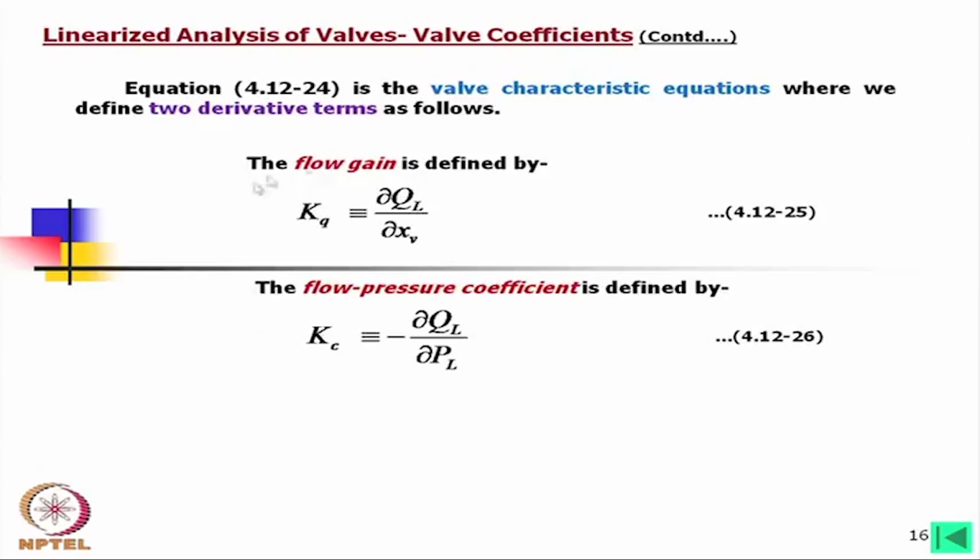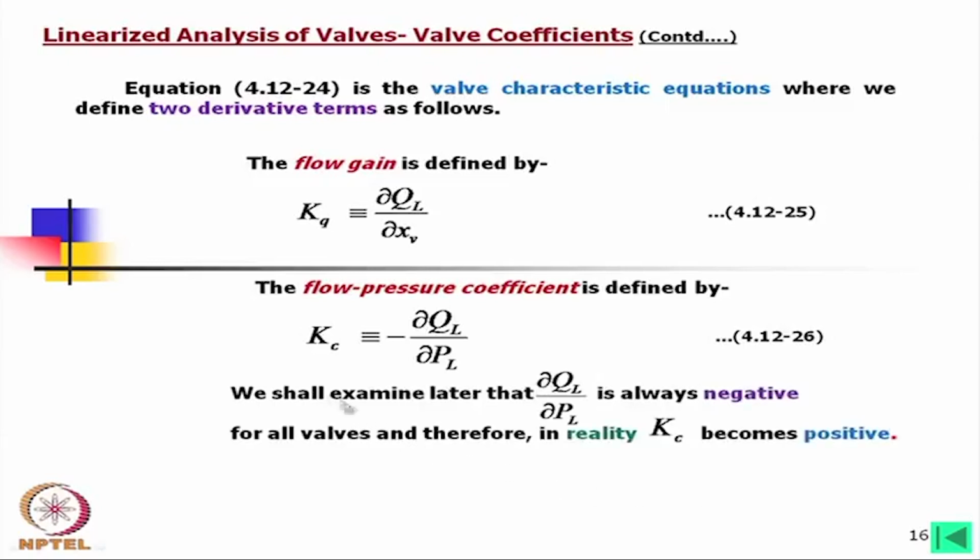You should remember this. Interestingly, this has a minus sign. Why is the minus sign there? We shall examine later that del Q L by del P L is always negative. What does it mean? We have put this minus sign so that K C is always positive, because we will use this positive term in further equations.